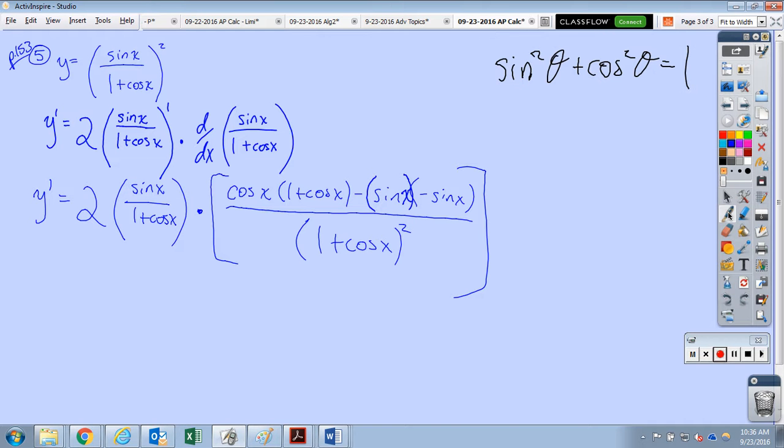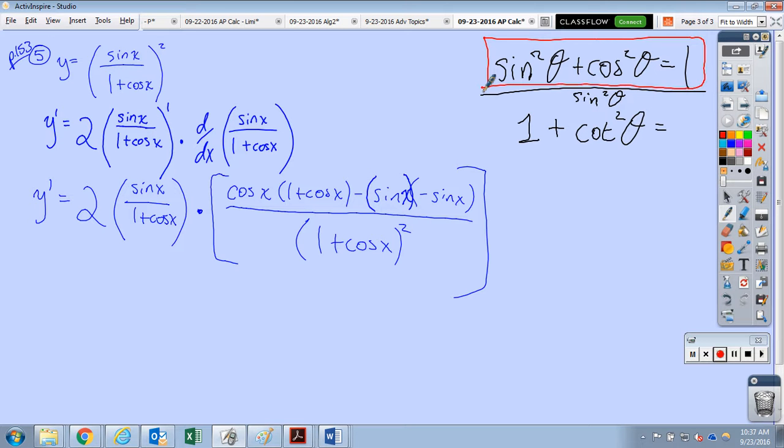If I divided this whole thing by sine squared of theta, I would have 1 plus, now cosine over sine is cotangent, so cosine squared theta over sine squared theta, cotangent squared theta, is equal to, again, dividing the whole thing by sine squared theta, 1 over sine squared theta.